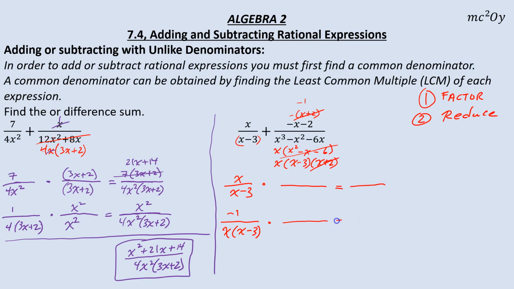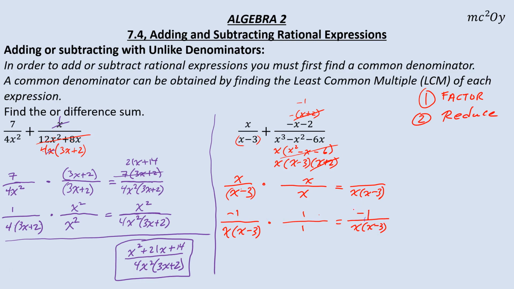Well, looks like I have an x minus 3 up here, but I need the x. And I have an x and an x minus 3 down here, so I don't need anything. So x times x minus 3, x times x minus 3.